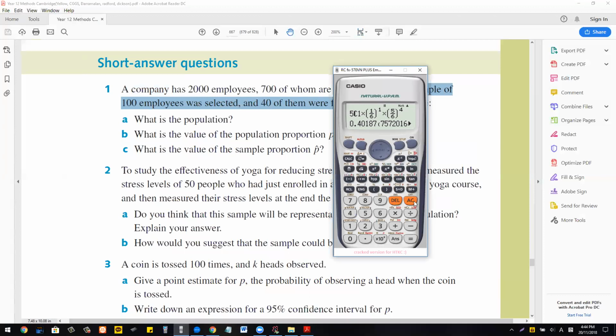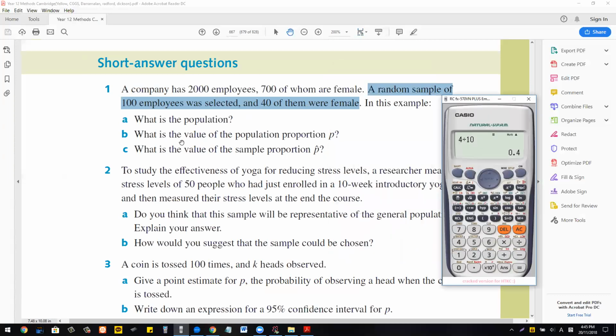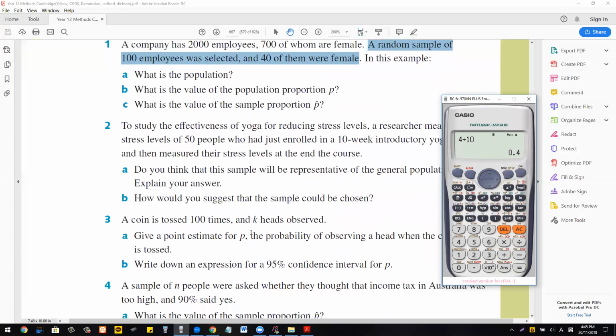But then you did your survey, and 40 out of 100, which means 4 out of 10, was your result. So what is the population? That's 2,000, right? What is the value of the population proportion, P, which is 7 out of 20? What's the value of the sample proportion, which is 40 out of 100? That's very easy, right?